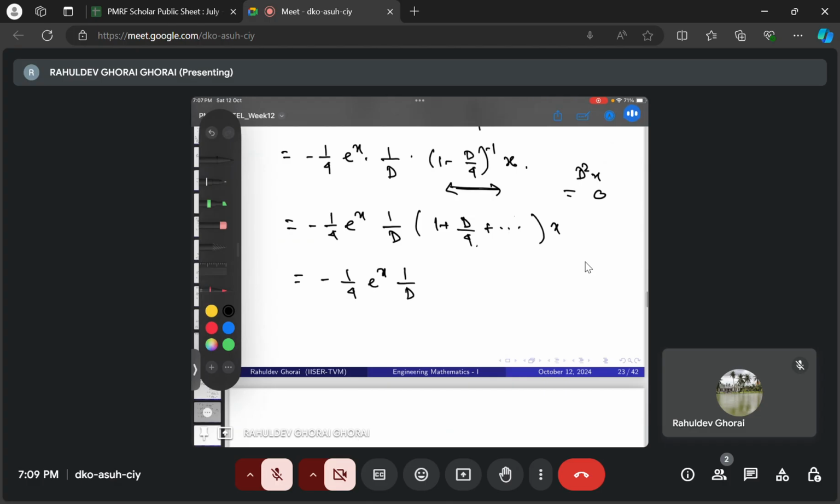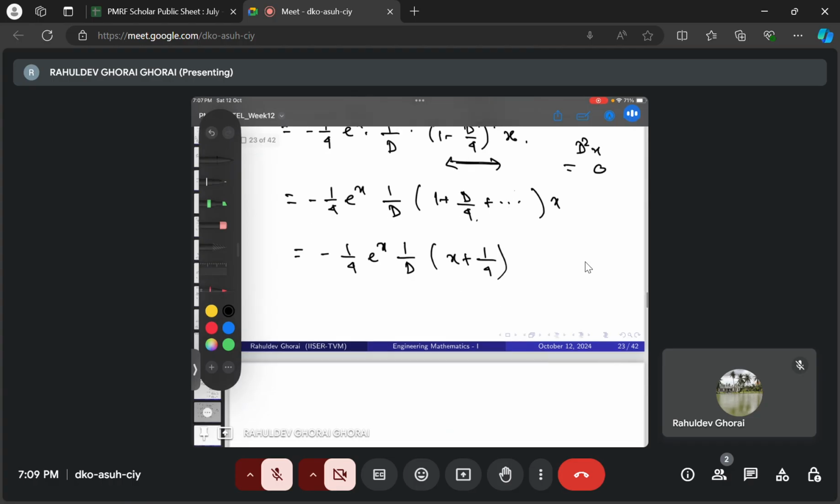Then 1 over D times x plus 1 over 4. So that implies minus 1 over 4, and you have it to the power x.